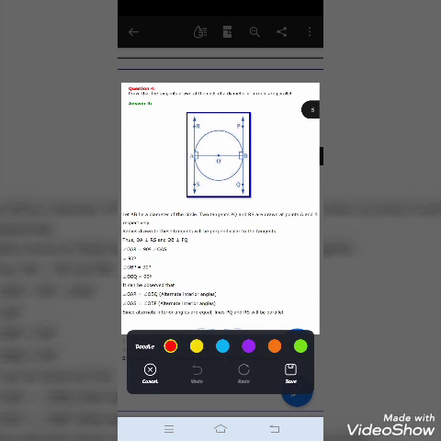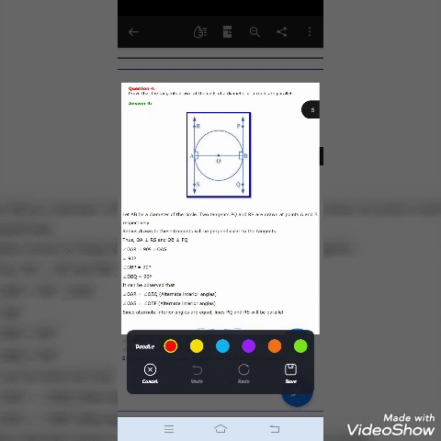Angle OAR is 90 degrees. Likewise OAS is also 90 degrees, so both are 90 degrees each. Angle OBP and angle OBQ are also 90 degrees each.